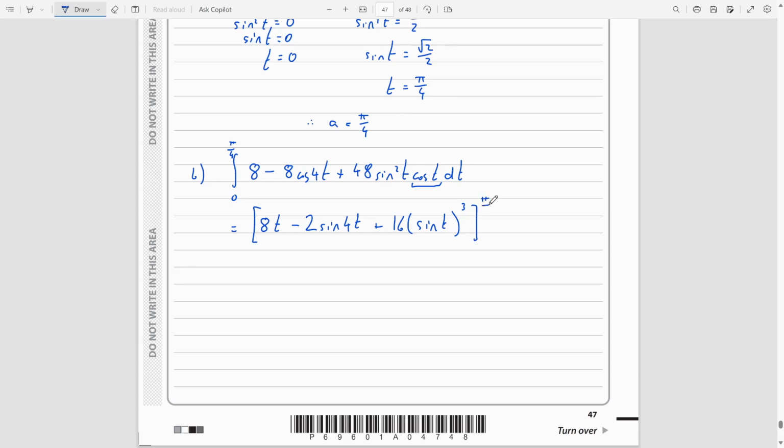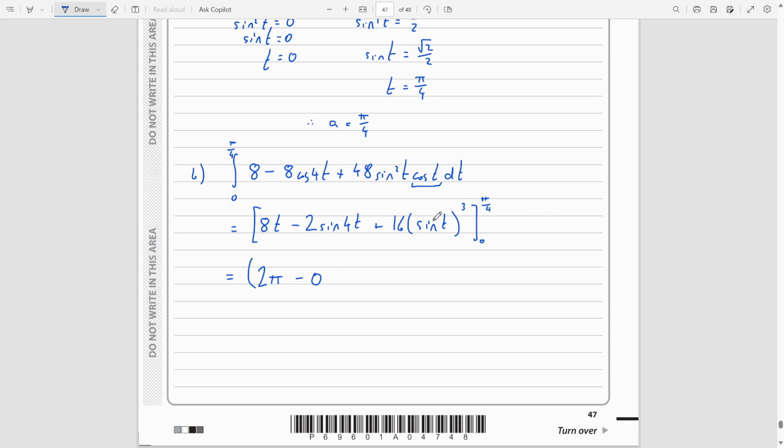So now I can just sub in my limits. Subbing in pi over 4 gets me 8 times pi over 4, which is 2 pi. Pi over 4 times 4 is pi, and sine pi is 0, so you get minus 0 there. Now, sine of pi over 4 is root 2 over 2.